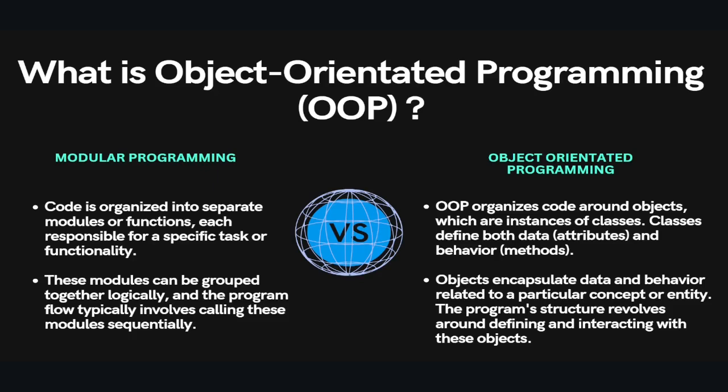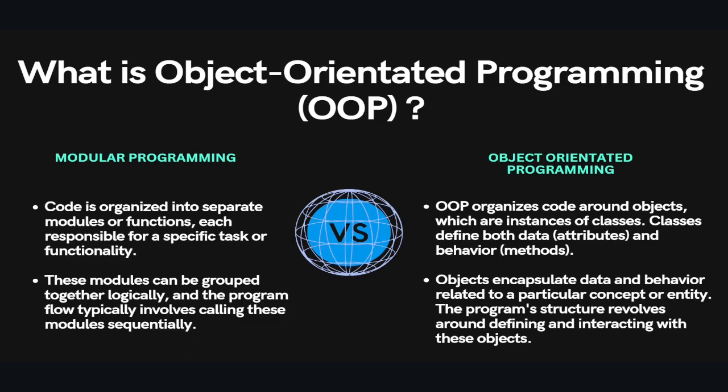In modular programming, it's not object-oriented. Object-oriented programming is made to give you a better real life sense of what's going on in your code. In modular, these modules can be grouped together logically, and the program flow typically involves calling these modules sequentially.